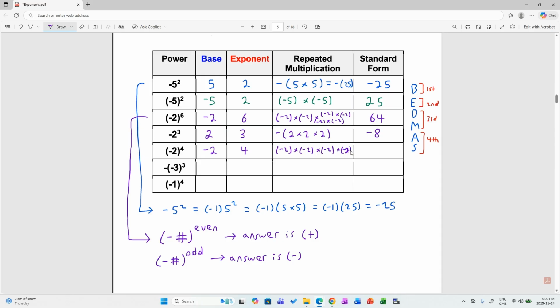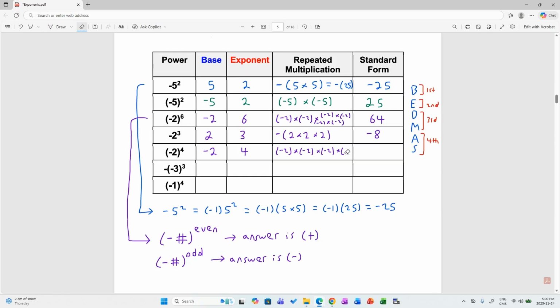That looks really bad, so I'm just going to erase that and write it again. All right, perfect, much better. 2 times 2 is 4, times 2 is 8, times 2 is 16. Since my exponent is an even exponent, I'm simply going to say my answer is positive and leave it as 16. But if you want proof, let's compute it.